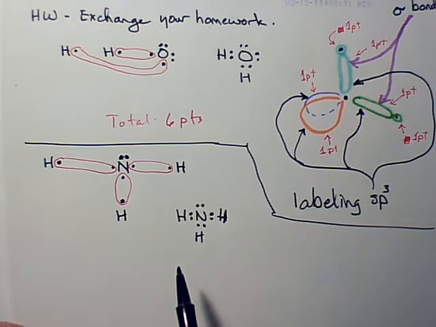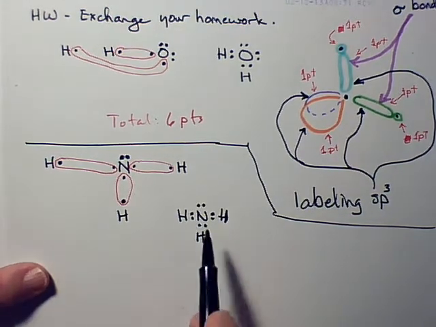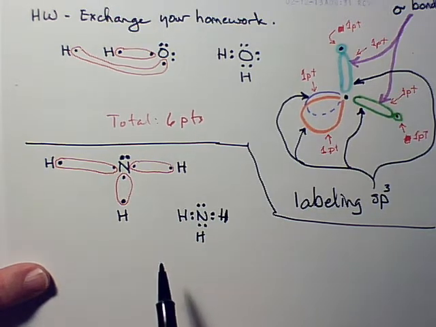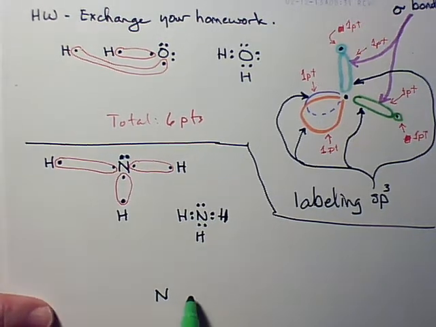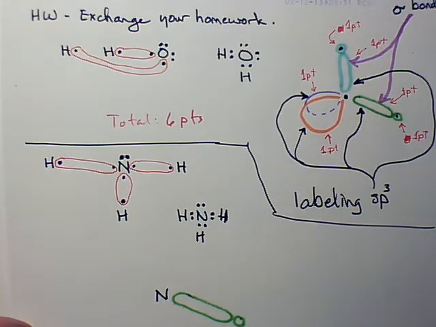So how many long balloons do I need now? 3 of them. Each time I have a shared set here, I need a long balloon. And a sigma bond is going to be directly on a line between the two nuclei of the two atoms. So between nitrogen and this hydrogen, I'm going to have a sigma bond. And you made this little thing down here for the hydrogen, right?